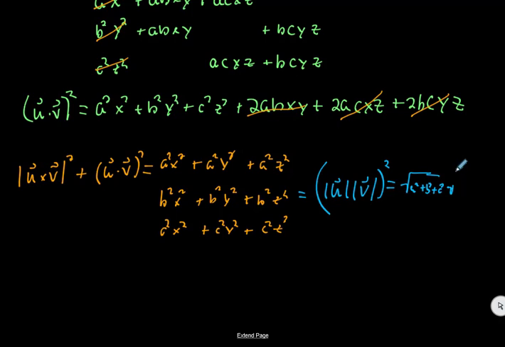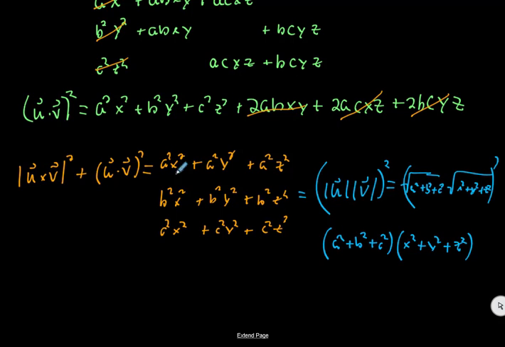And the magnitude of v has components x, y, z, so that's x squared plus y squared plus z squared. But we're squaring this, so these square roots get lost, and we'd end up taking a squared plus b squared plus c squared, and multiplying it times x squared plus y squared plus z squared.